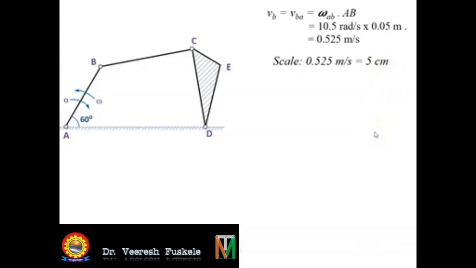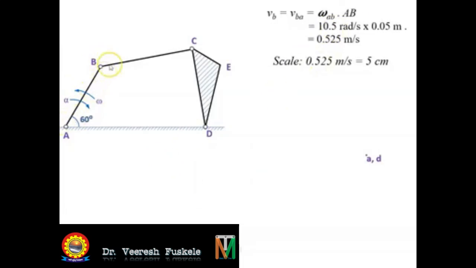Proceeding to draw the velocity diagram, we take a point and mark A and D on that point, because both A and D are fixed. Whatever points are fixed in the configuration diagram, we take as the starting point. Now to draw the velocity of the link AB, we'll use a set square, because we know that the velocity of the link is in the direction perpendicular to the link.